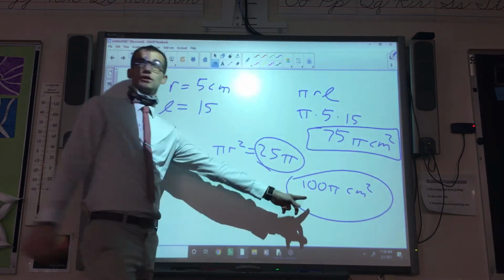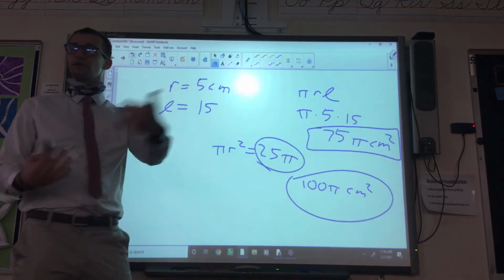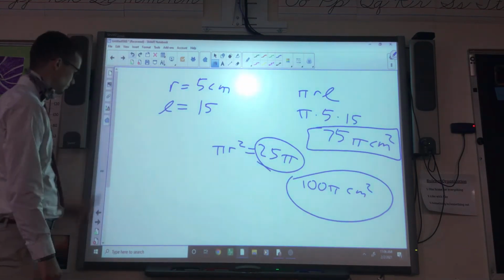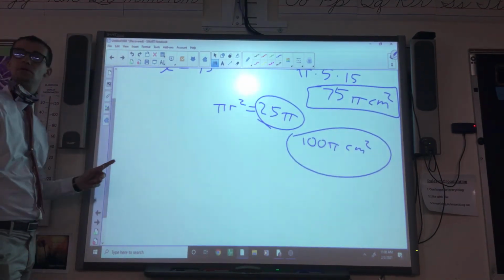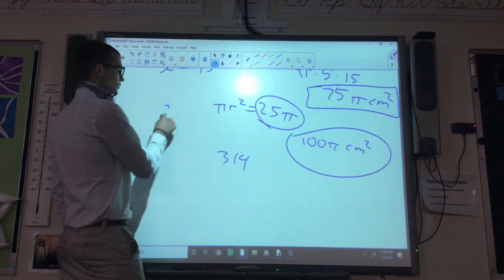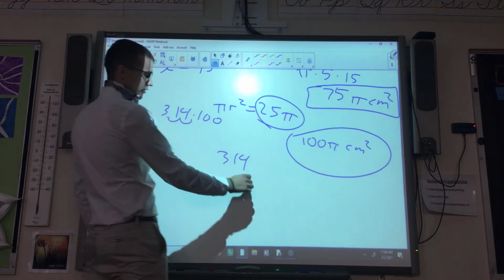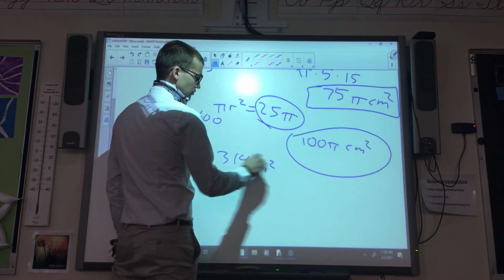So this would be your answer for the exact, and then from there you can just say, hey, I'm going to do 100 times 3.14, which is just what? 314. Think. 3.14 times 100. Just move the decimal place twice. 314 centimeters squared.